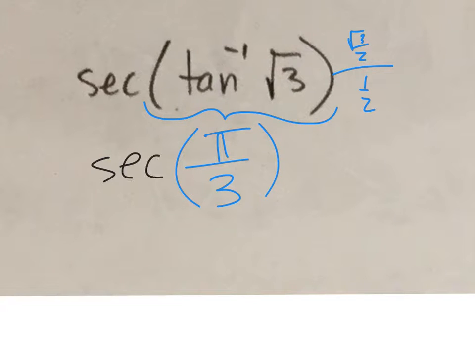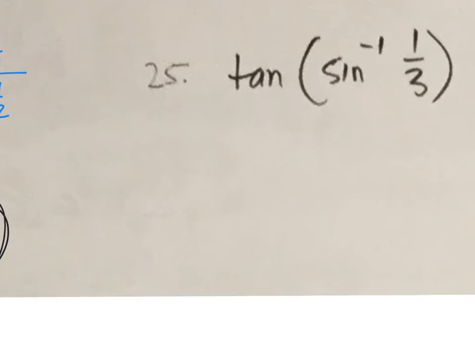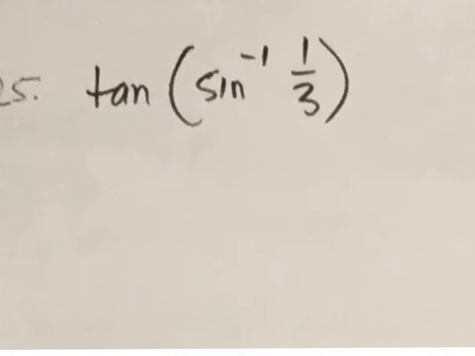So then the question is, what is the secant value at root 3? Secant is the inverse of the cosine. So the secant value at pi over 3 is positive 2. Okay, so the first thing we do is we find the angle from our inverse tan, or inverse cos, or inverse whatever, and then we evaluate another trig function.